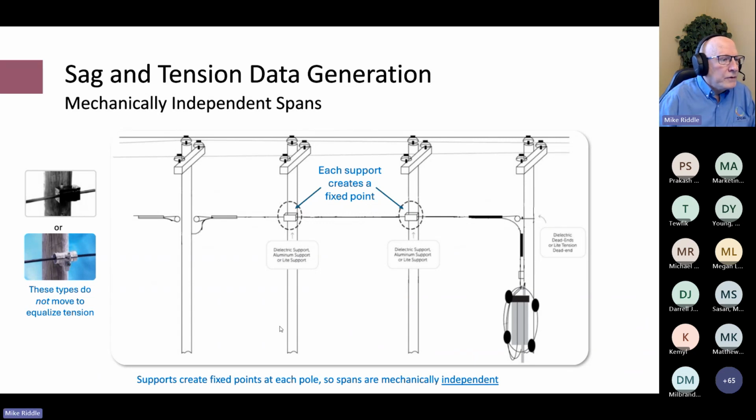Then you keep driving your truck and you hoist it up and you put it in another trunnion clamp and you keep driving until you get to the end of your line segment where you dead end it. So each of these spans is a fixed point, which means each span acts completely independent from all of the others. So this is what I'm calling mechanically independent spans.